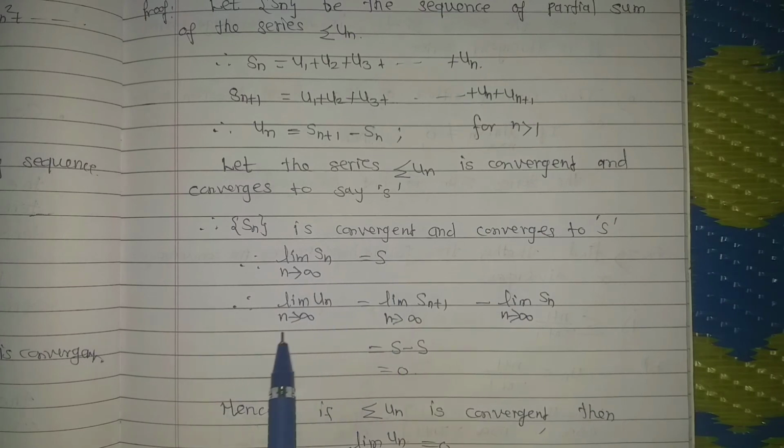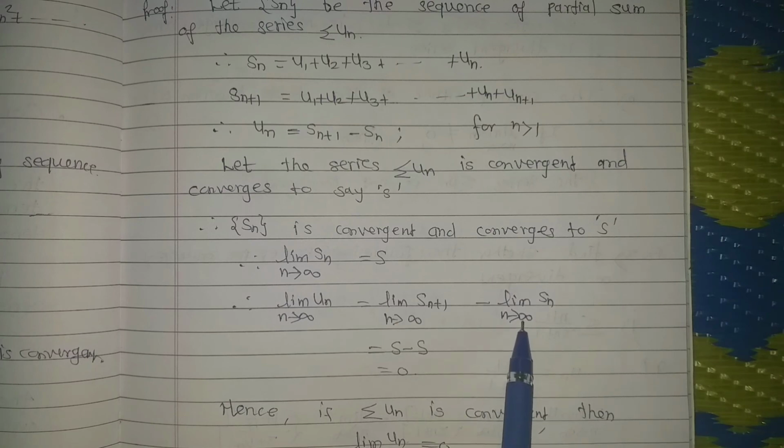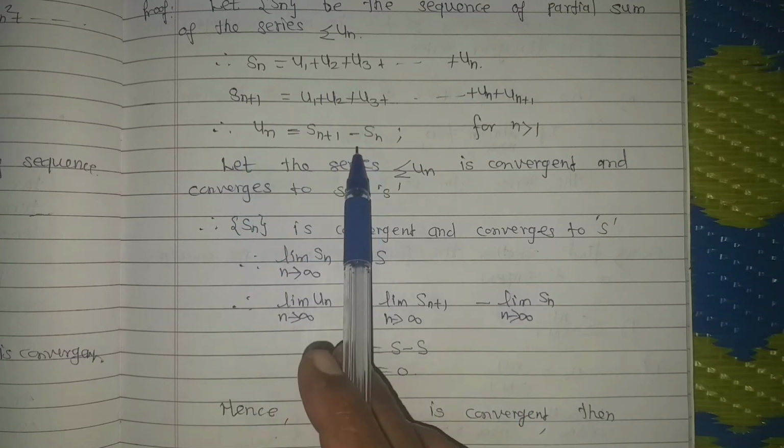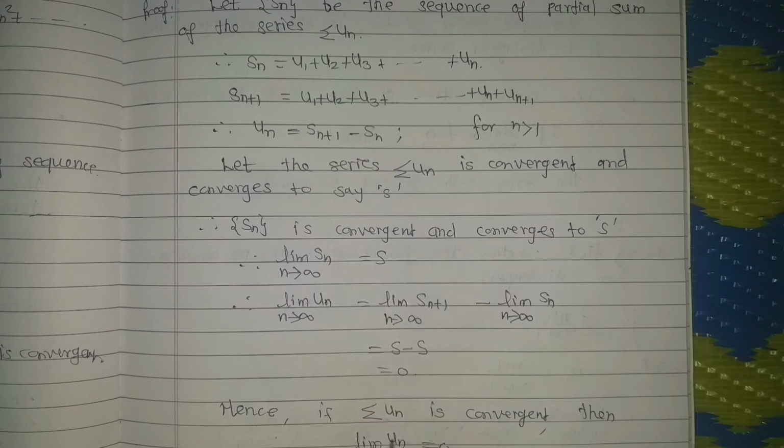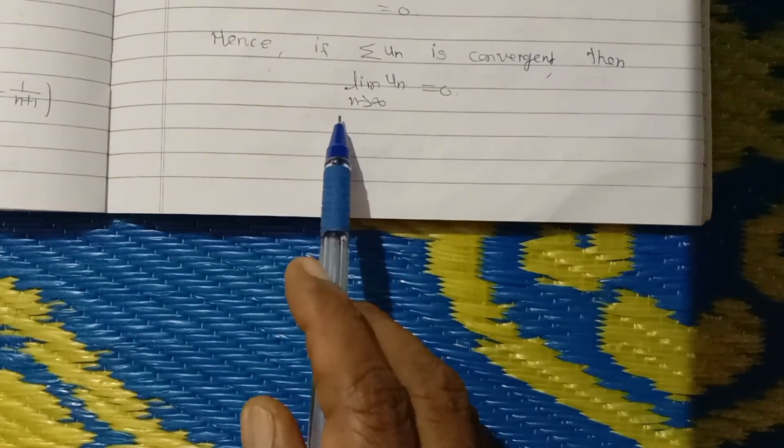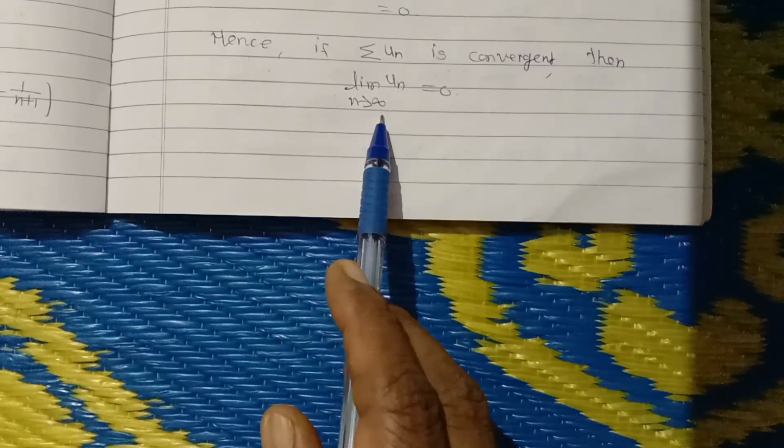Limit of un as n tends to infinity equal to limit of Sn plus 1 as n tends to infinity minus limit of Sn as n tends to infinity, which is S minus S, so that limit of un as n tends to infinity equal to 0.